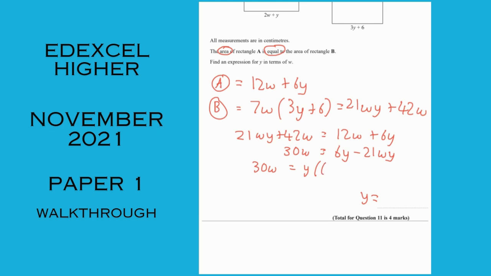So we get 6 minus 21w, and there we go. So y is equal to 30w all over 6 minus 21w. And don't forget, if you'd have done that line differently and took the w's to the right and the others to the left, you'd have all the signs different. It would be minus 30w all over positive 21w minus 6. They are both correct.